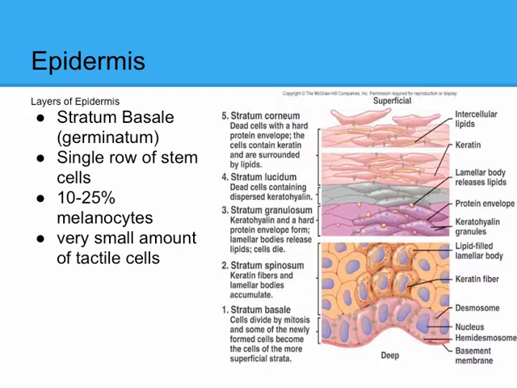There are also about 10 to 25% of this layer is melanocytes. Again, these are the cells that produce melanin. And there's also a very small amount of tactile cells. We'll see that most tactile cells, these are sensory receptors that can feel touch and temperature, are actually located in the dermis, but there are some that are located on the dermal epidermal border, but a very small amount of those.